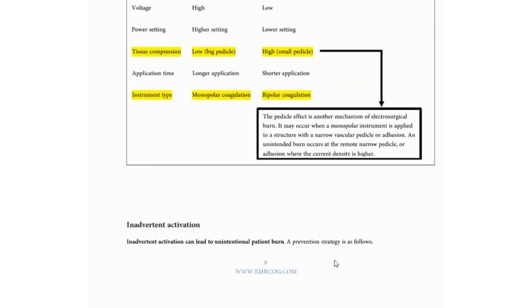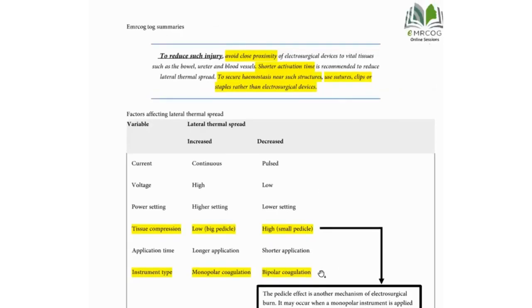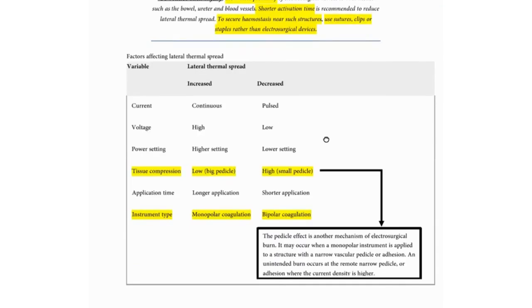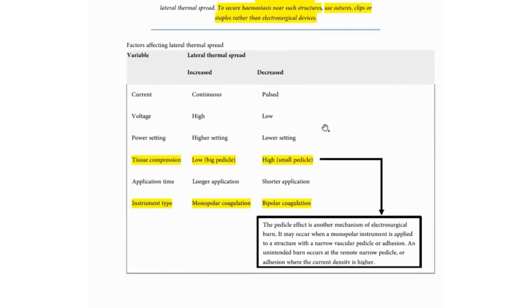Can you see it, guys, or not? Okay. Lateral thermal spread, lateral thermal, the heat. This is the direct application.